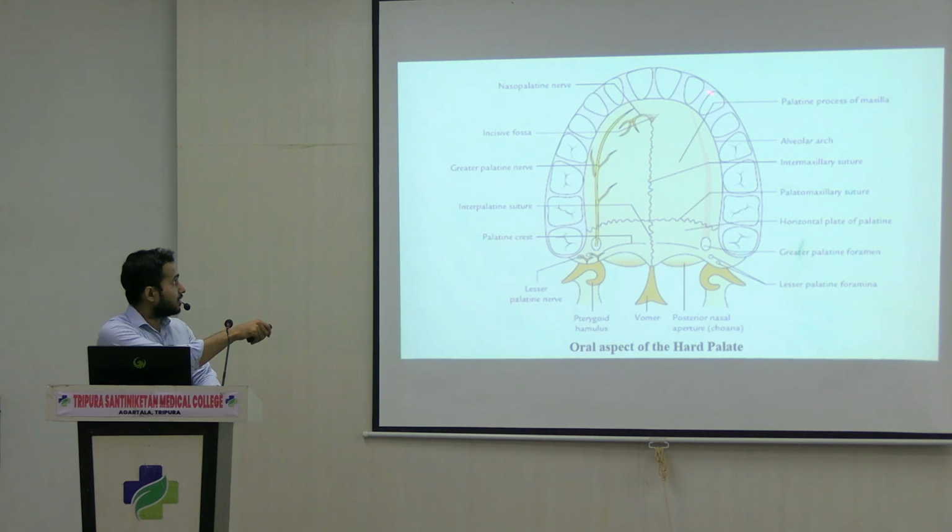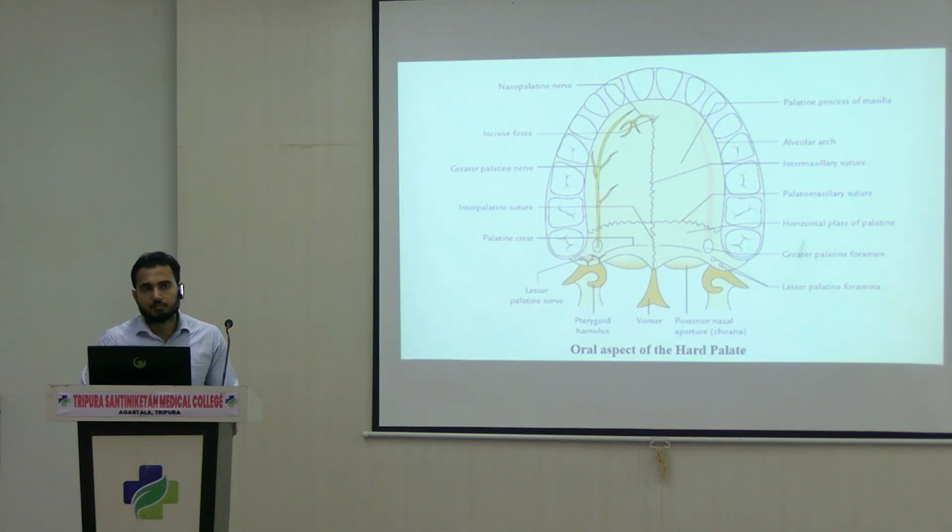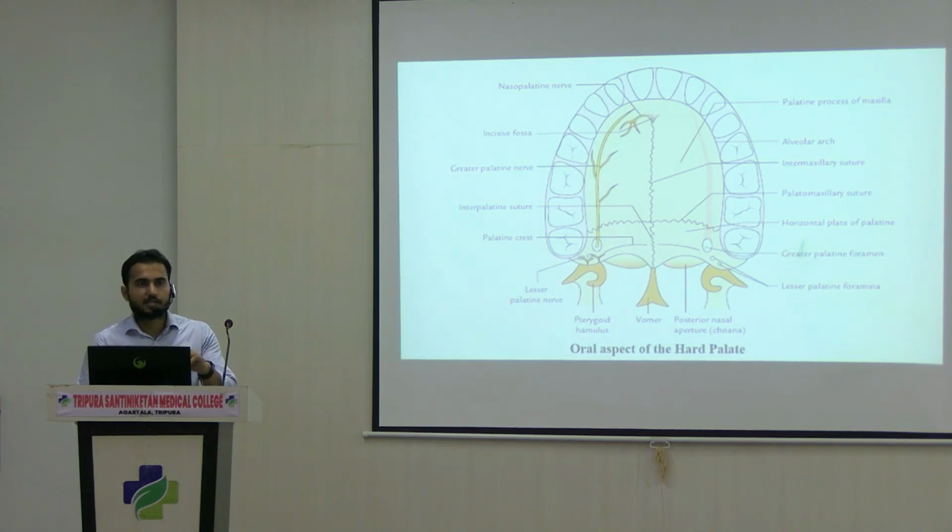As you can see, this is the alveolar arch and the gum. Now posteriorly, what is present? Posteriorly the soft palate is attached to the hard palate. What is attached to the posterior margin of the hard palate? The soft palate is attached to the posterior margin of the hard palate. So this is the posterior margin. Here you will get the attachment of the soft palate.